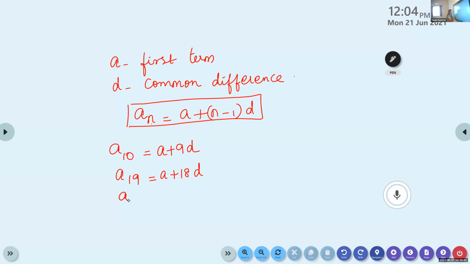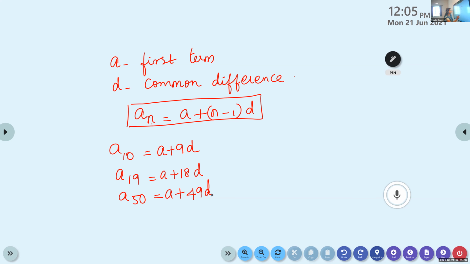Rosebi, what will be a50? A plus 49d. Very good.